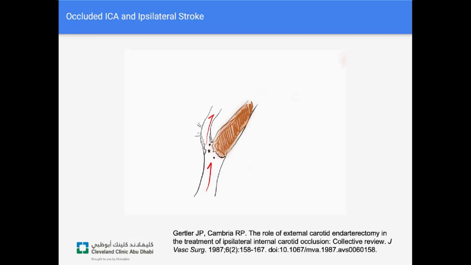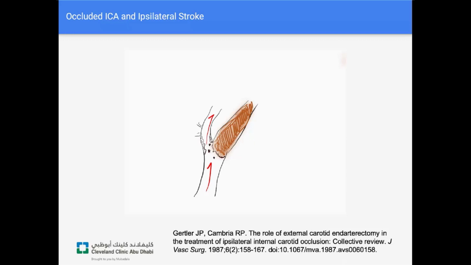Here, I've gone back to looking at the patients and individualizing treatment. Good risk patients with lesions over 70%, I will offer endarterectomy to. There's one instance where if you have an occluded internal carotid artery, typically that protects you from embolic strokes, except in this one situation.